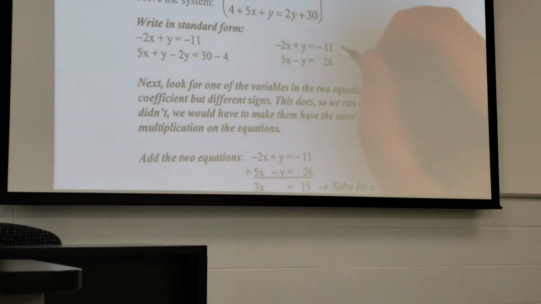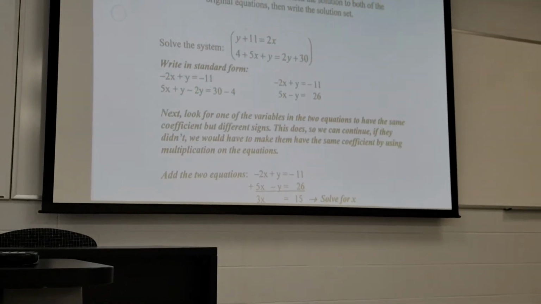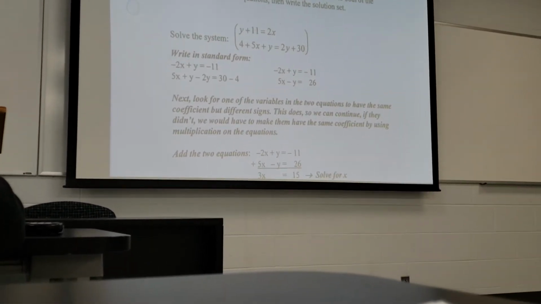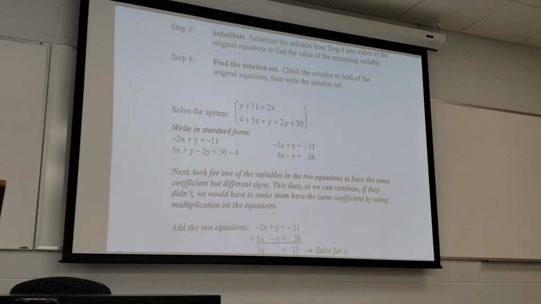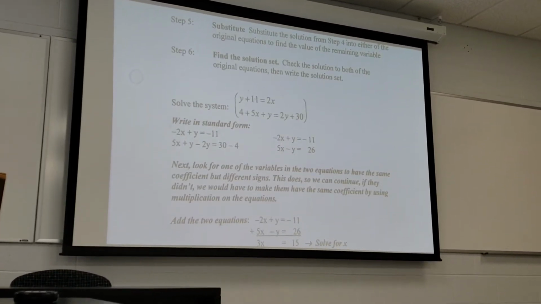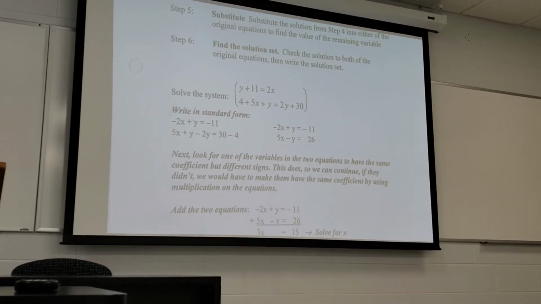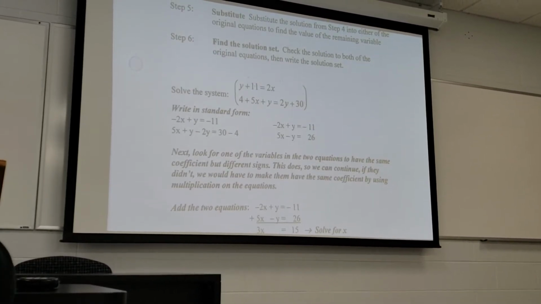Written in this form, I want to get rid of one of the variables. Is there a variable that has the same coefficient but opposite signs? Yes. Which variable is that? The y. Because if I say y plus minus y, what do I get?